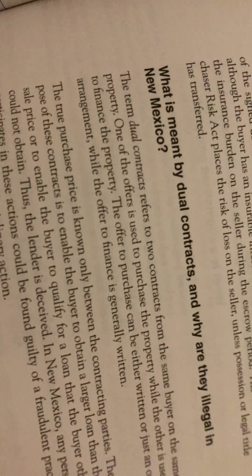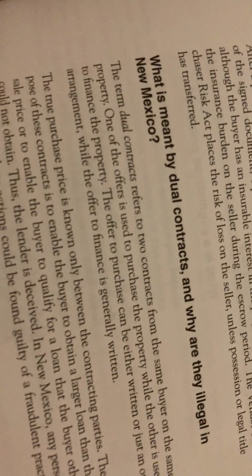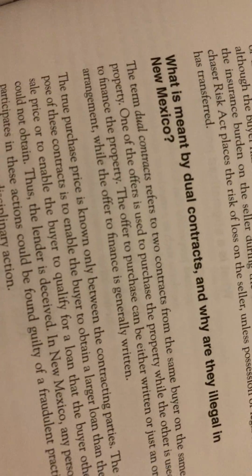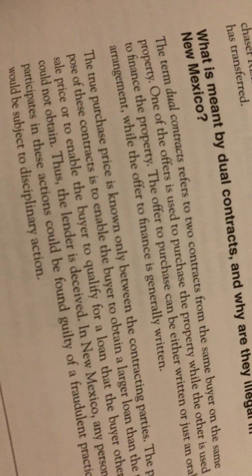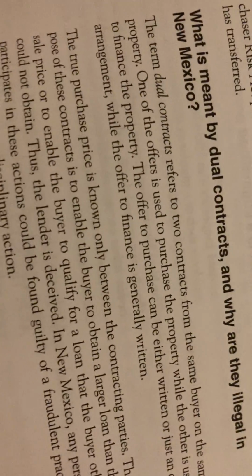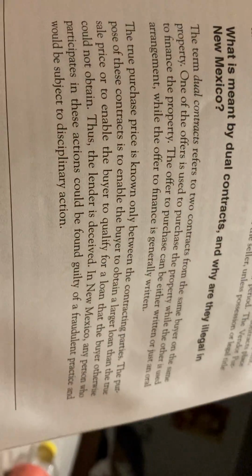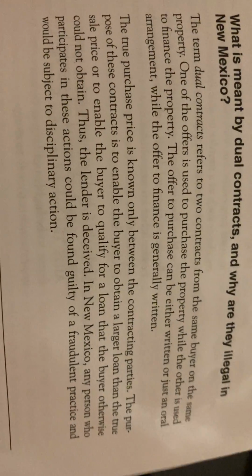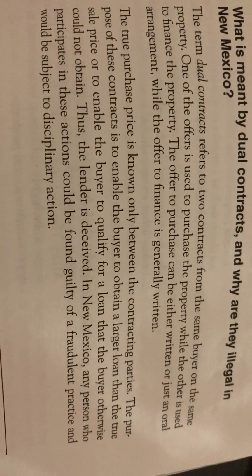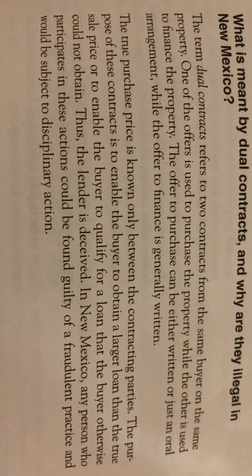What is meant by dual contracts and why are they illegal in New Mexico? The term dual contracts refers to two contracts from the same buyer on the same property.